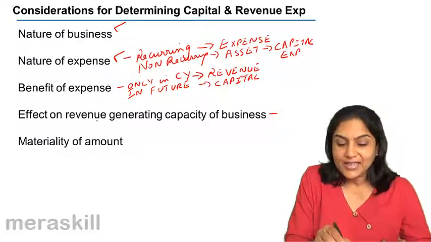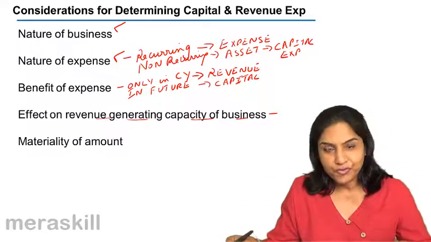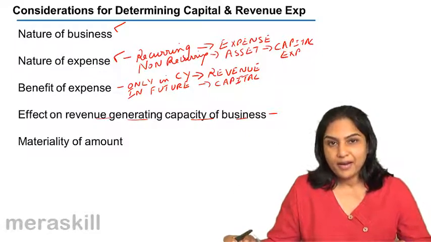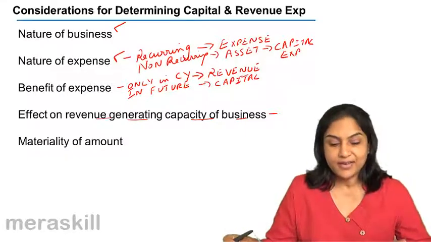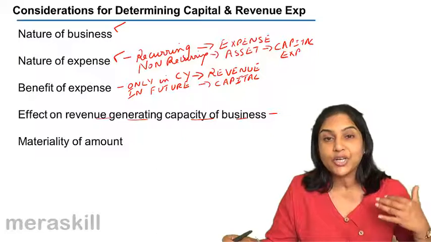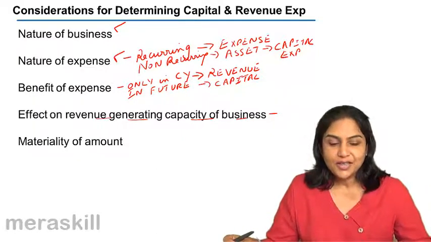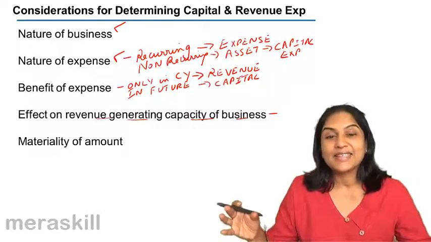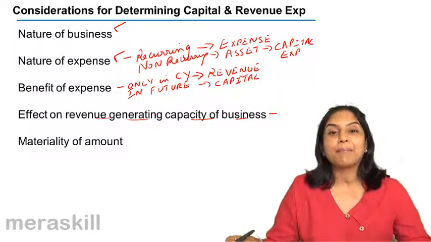Therefore, can I say that the revenue generating capacity of the business has improved? Such kind of repair by which I have improved the capacity of the machine to make more money, to generate more output, made it more efficient, this kind of repair would be capital, would be treated as an asset, would be added to the cost of the machinery. It becomes a capital expenditure.